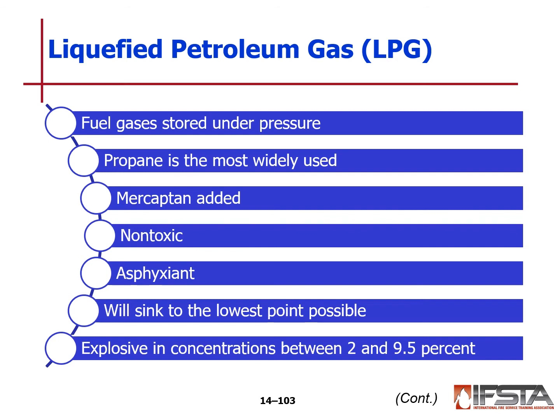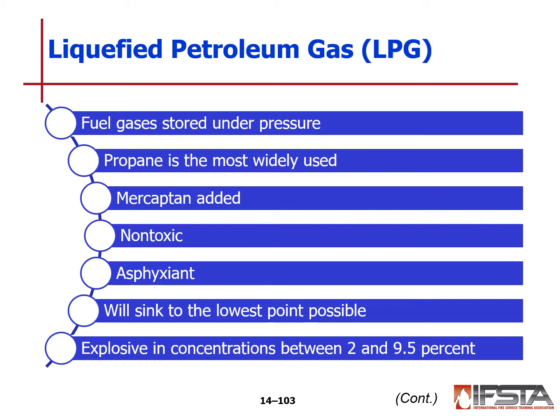Next is LPG, liquefied petroleum gas. Fuel gases that are stored under pressure. Propane is the most widely used, and under pressure it does become a liquid. Again, mercaptan is also added to propane so that it can be detected because it is a colorless and odorless gas as well.